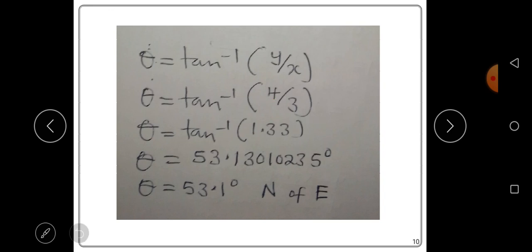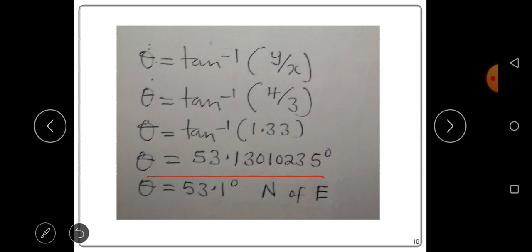So when you punch 4 over 3 on a calculator, it will give you this. Then we find that our theta is equal to 53.13010235 degrees. So that is the theta.